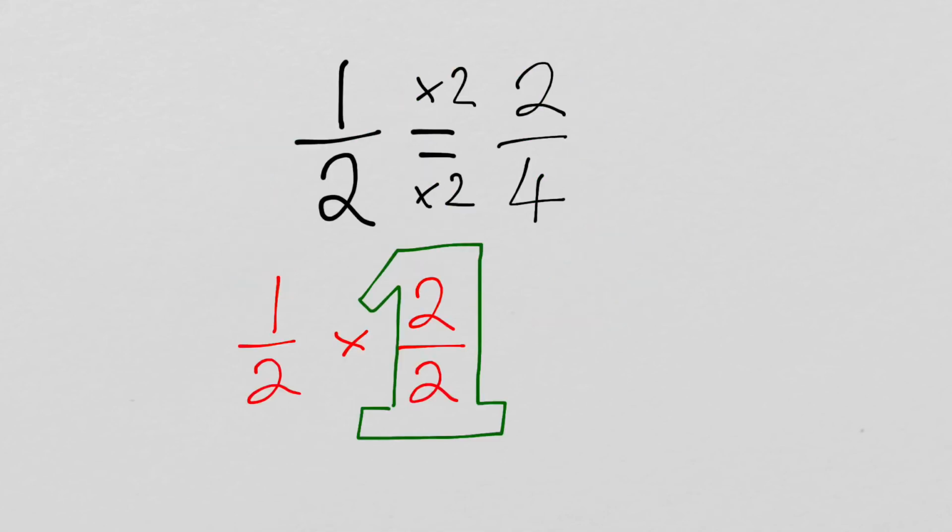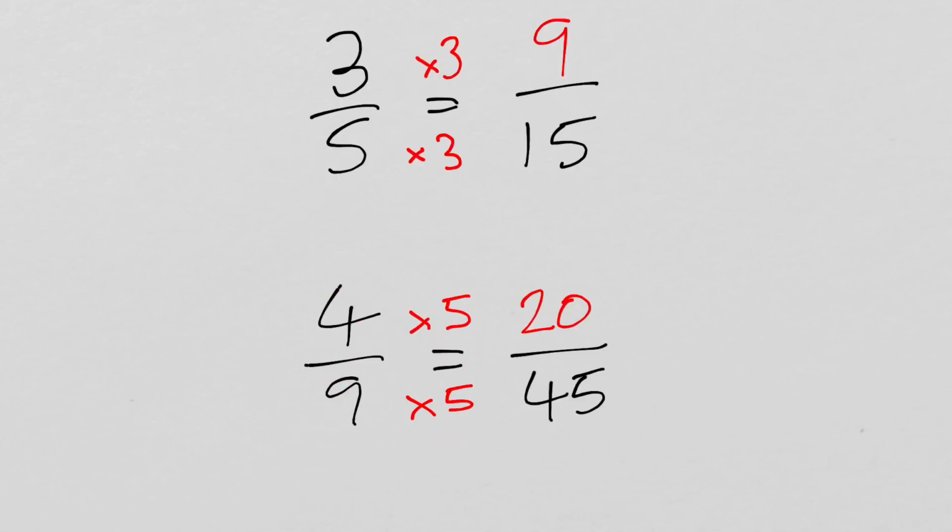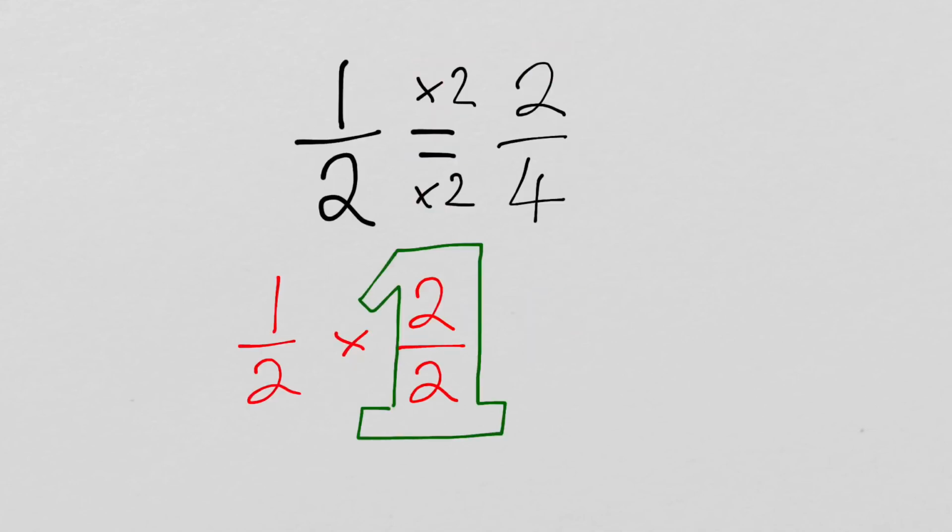And when you multiply something by 1, what happens to it? It stays the same. So we're really not multiplying by 2 here, and we're not multiplying by 3, and we're not multiplying by 5. We're really multiplying by 1 whole, a special kind of 1 whole, 3 over 3, 5 over 5, 2 over 2. And whenever you times something by 1, it stays the same.